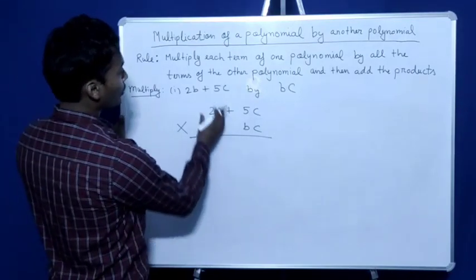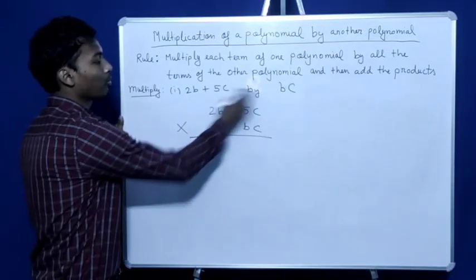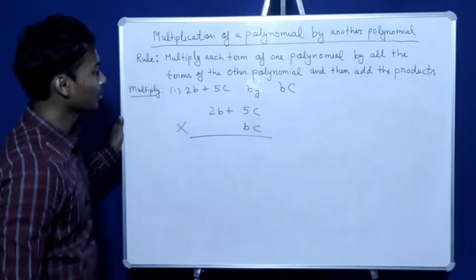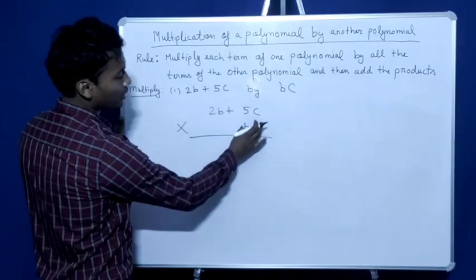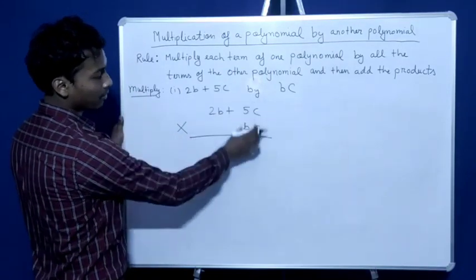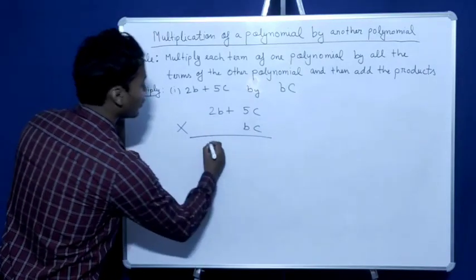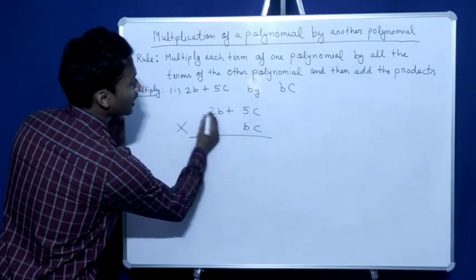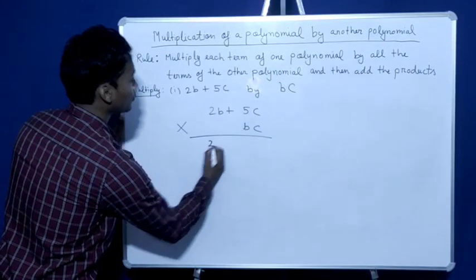Now we'll follow the same rule that we have learned. We'll multiply each term of the polynomial by the monomial. So here we have 2b, so we'll multiply 2b with bc. Then the second term of the polynomial 5c multiplied by bc. So 2b multiplied by bc will give you, now here look at the numerical coefficient, here we have 1, so 2 ones are 2.